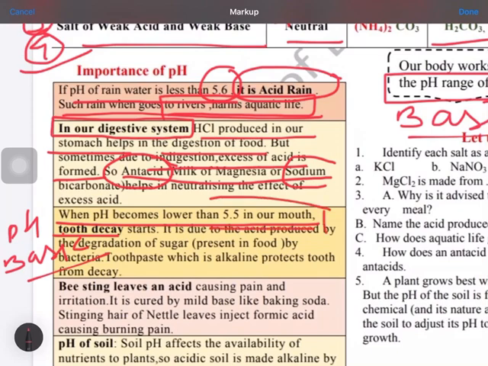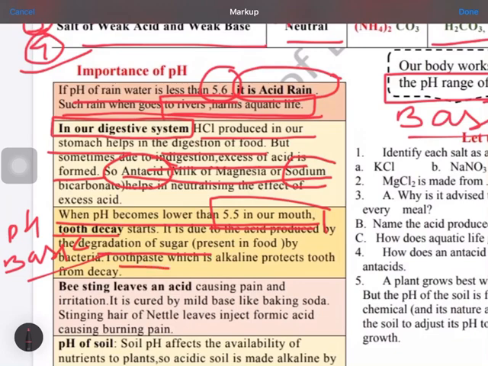That's why if you don't brush at night before going to bed, and you get up in the morning, you find a bitter, sour taste in your mouth. That sour taste is because of the sweet thing you took at the end of the meal, and the whole night the bacteria have broken it down into acid, and it will result in tooth decay, the degradation of sugar present in the food by the bacteria.